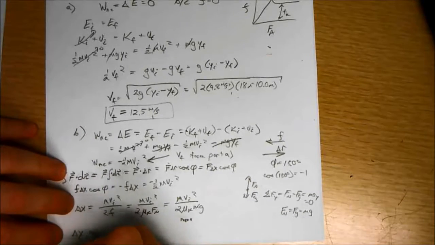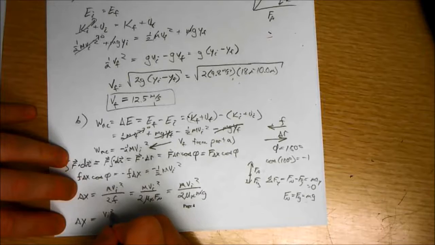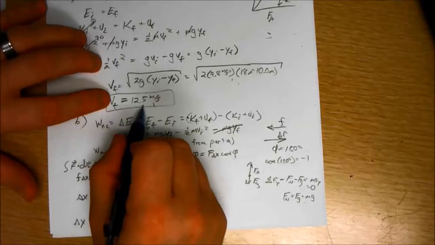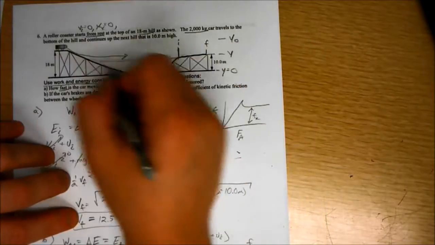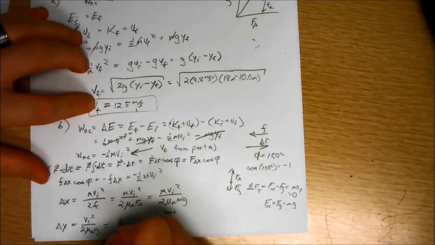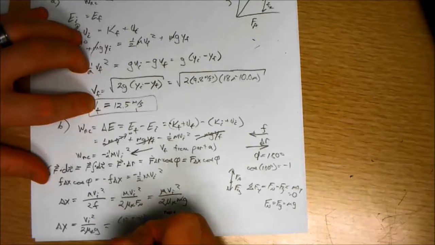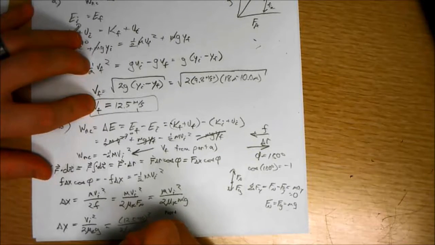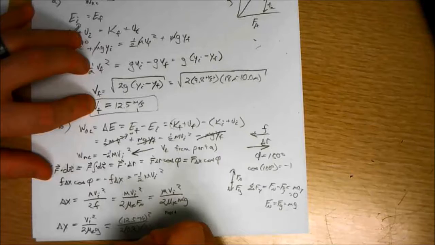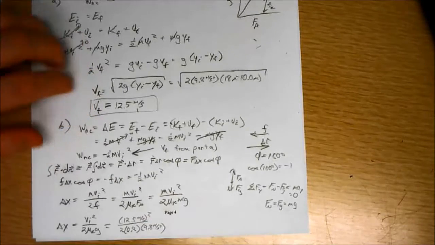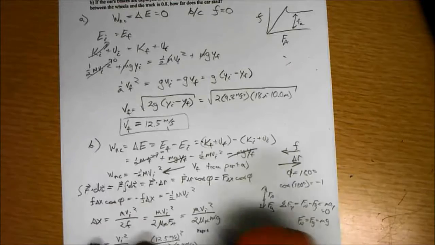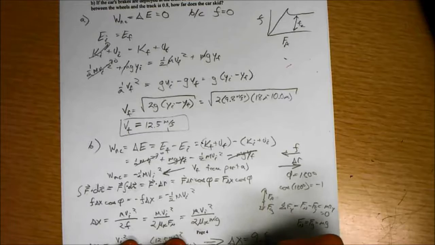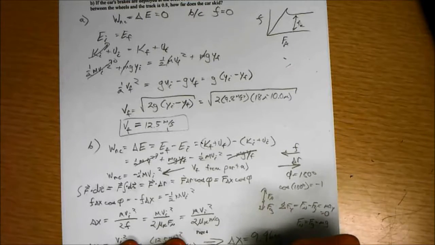So the distance that it skids is vi squared over 2 mu k g, which equals, and remember that v initial is v final from the first part, 12.5 meters per second squared over 2 times the coefficient of friction, which is 0.8, times the acceleration of gravity, 9.8 meters per second squared. Sorry, I'm running out of space here. Delta x equals 9.96 meters.